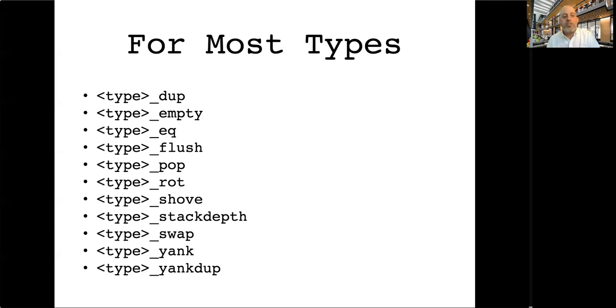You want an instruction that tells you whether or not a stack is empty, whether or not the top 2 items on a stack are equivalent. You'll want to have a way to flush the stack to empty it, and so forth. Okay. Swap the top 2 items. And yank and yank dupe are things for deep stack access. And stack purists might say, oh, a stack you can only access the top of.